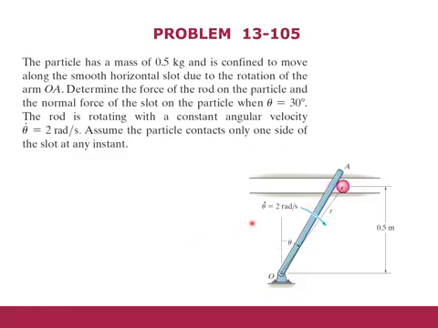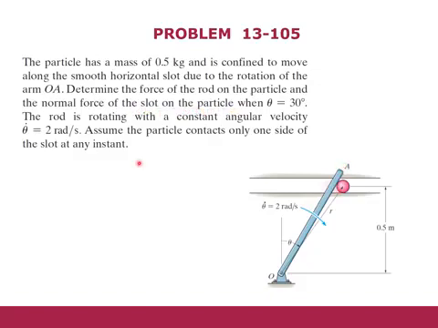We have an angular velocity of the rod which is 2 radians per second, and we are going to solve the problem for finding out the force of the rod on the particle, and we have to calculate the normal force of the slot on the particle.